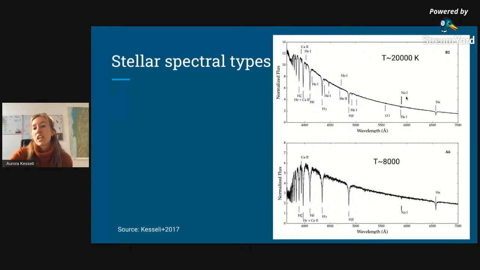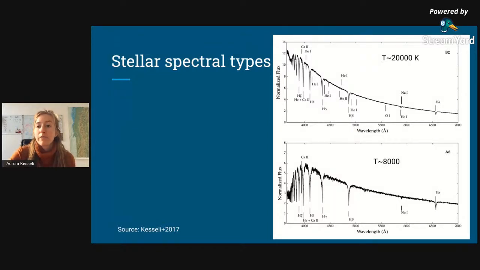And just looking at the shape of the spectrum, you can see that it emits a lot more of its light in the bluer part of the spectrum. So the peak of the spectrum is actually even off of this plot. And the other thing that you'll notice is that the main absorbers are helium, ionized helium, and hydrogen.